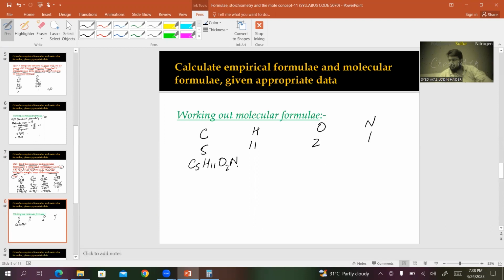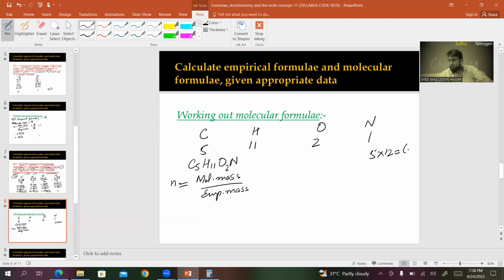Now we need to find the molecular formula. In order to find the molecular formula, we need to divide the molecular mass by the empirical formula mass. The empirical mass will be calculated from this empirical formula. There are 5 atoms of carbon, so we will multiply 5 by 12.